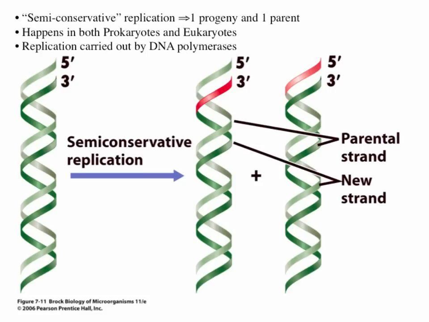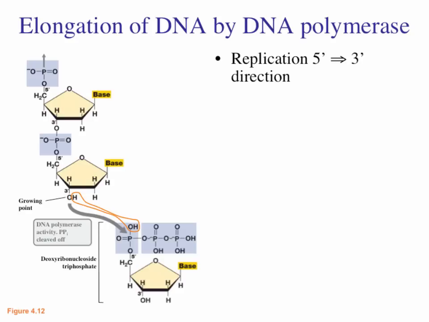So semi-conservative replication, as you know, happens in all organisms, and it involves copying both strands to generate an identical copy of them. Now, as you know, replication happens in the 5' to 3' direction.